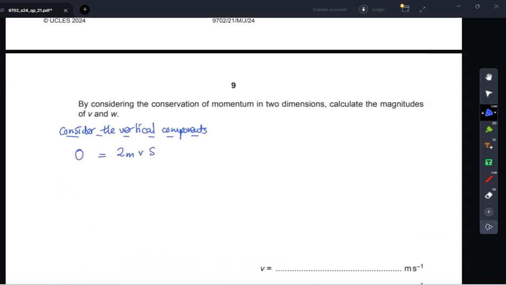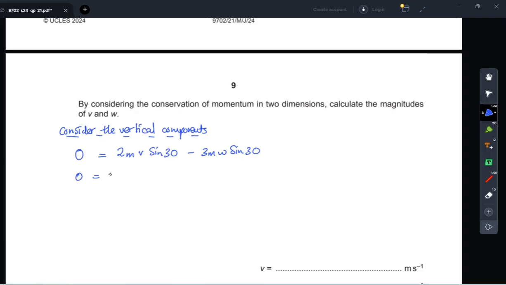So this is 2mv sine 30 minus 3mw sine 30. I'm sure we can see that we can factor out sine 30 and m here.